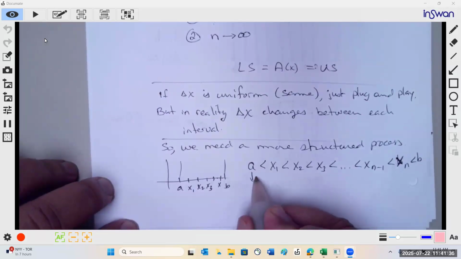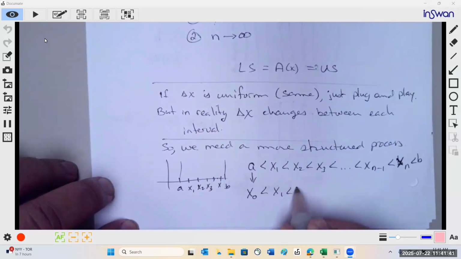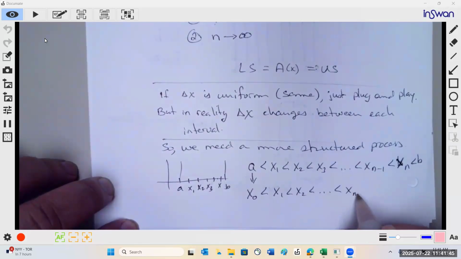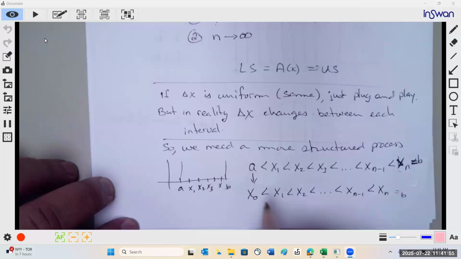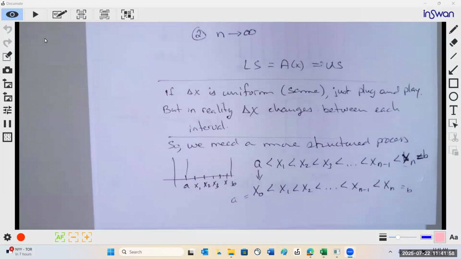We set the beginning point as x sub 0, through x sub n minus 1, and we set our end point b as x sub n. This is b and this is a. So we've just defined each one of our x values in our intervals.